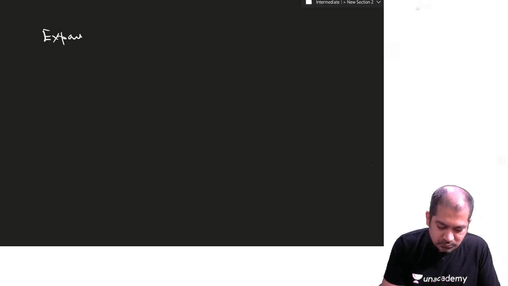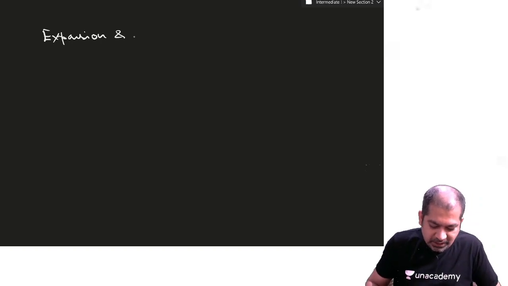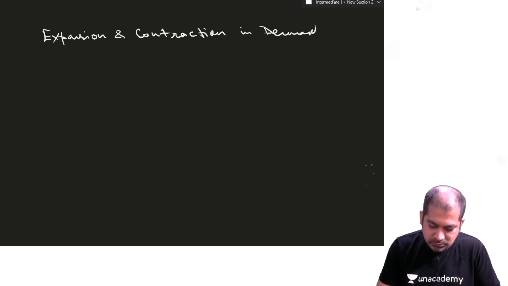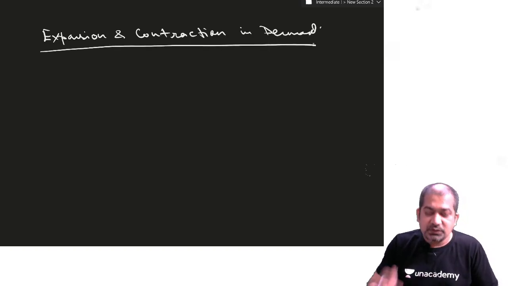Hello everyone. Today we are going to study the concept related to expansion and contraction in demand, which is also commonly termed as increase or decrease in quantity demanded. Now in this case what happens?